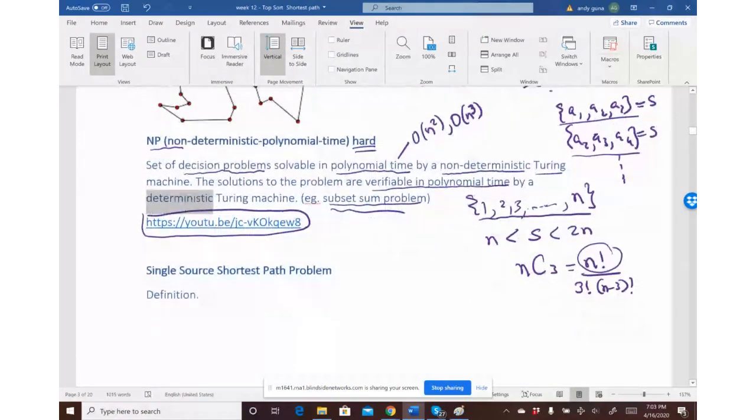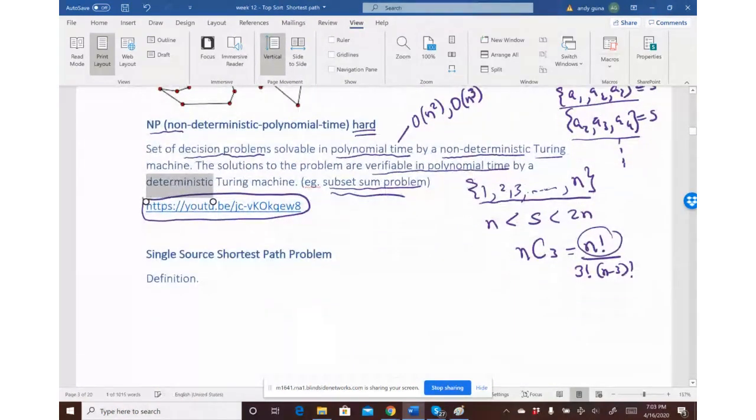Okay, so we're going to talk about what's called the single source shortest path. Let me give you a definition of this.